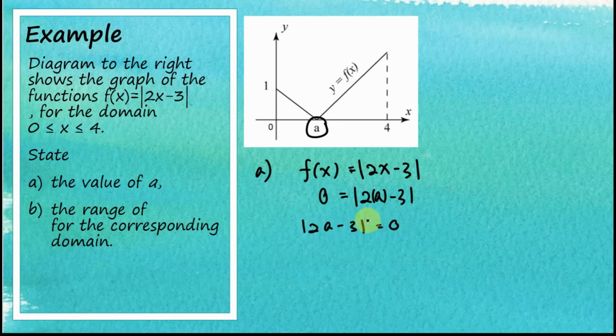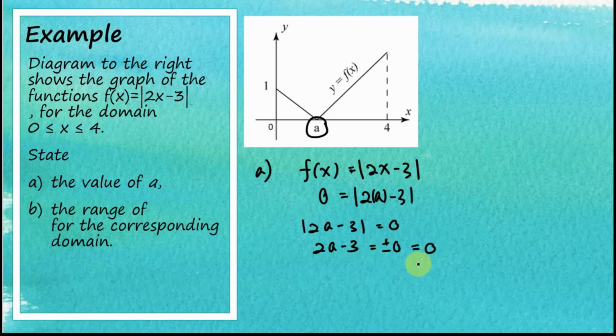To remove the modulus, we could put a positive negative here and 0. But positive negative 0 is the same, actually we don't have positive negative 0. So normally we do not put a positive negative here. We just straight away write that this is equal to 0.